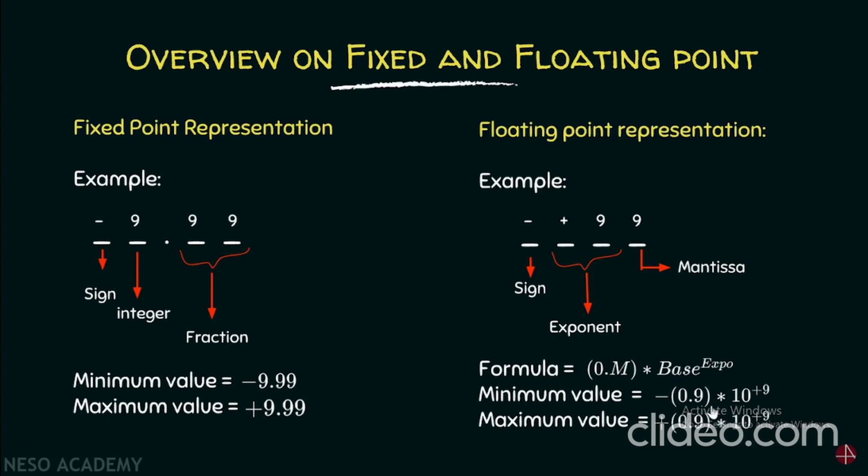Minus 0.9 times 10 raised to the power plus 9 is a very small value as compared to minus 9.99, and plus 0.9 times 10 raised to the power plus 9 is a very large value as compared to plus 9.99. This is the reason why floating point is preferred over fixed point. This is the brief introduction to fixed and floating points. This topic is part of computer organization and architecture, and explaining any further details regarding this topic is out of the scope of this lecture.